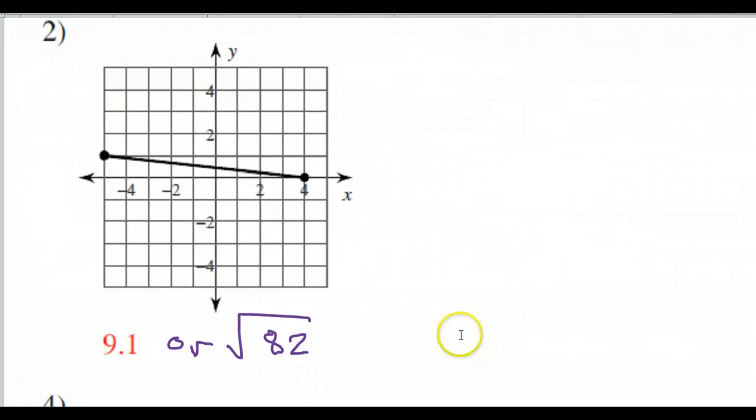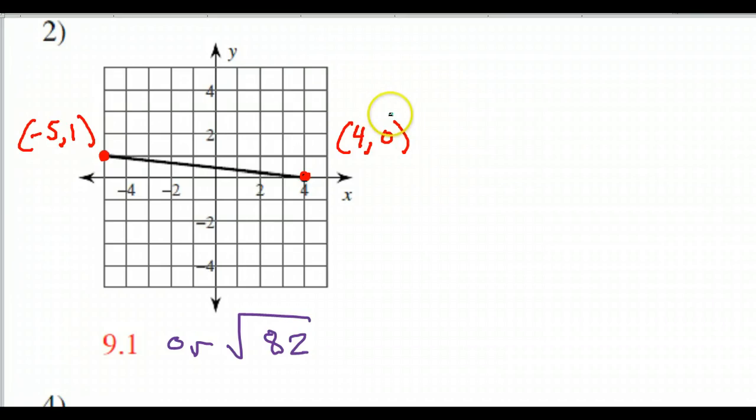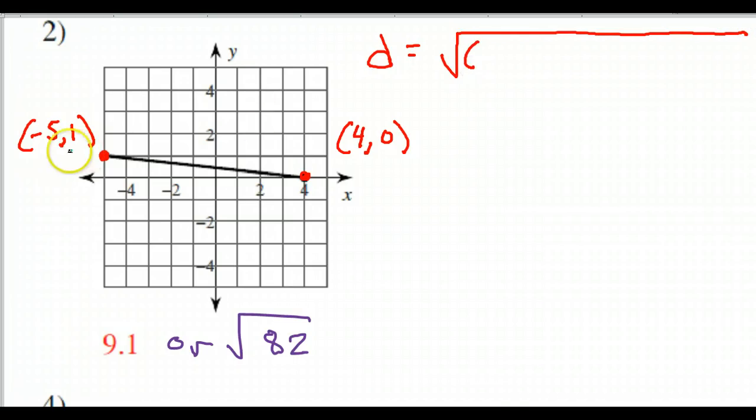So good, problem number 2. This ordered pair right here is -5, 1. This ordered pair over here is 4, 0. So when I go to do the distance formula, it's just going to be x minus x squared. So that's -5 minus 4 squared plus y minus y squared. So 1 minus 0 squared.